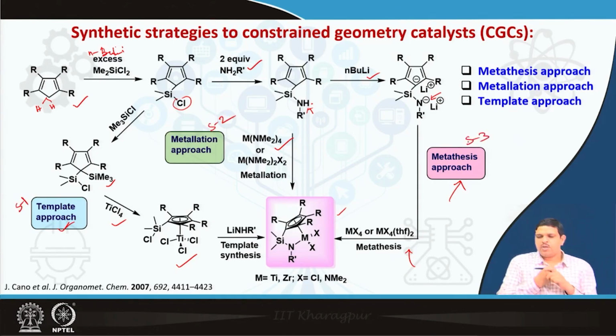Sometimes it depends on the substituents, depends on the acidity of the involved proton attached with the amine, and also depends on the substituents on the CP rings. So these three methods are generally followed to synthesize this kind of constant geometry catalyst.